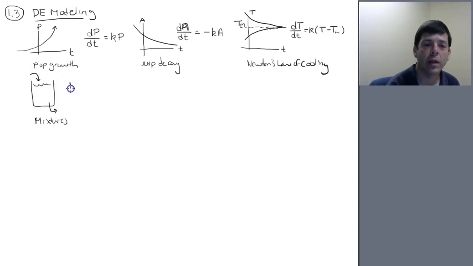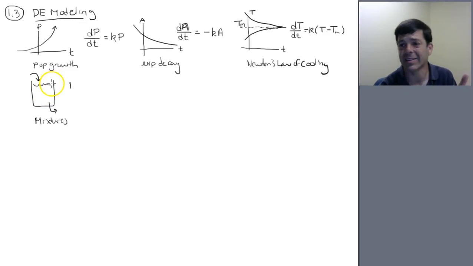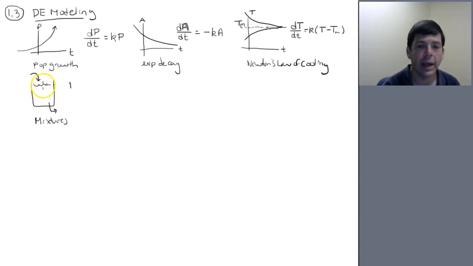Typically you're looking at salt going into water, and that salt solution is mixing up, and they'll use the letter A. So how fast that amount is changing is going to be the rate coming in minus the rate going out.